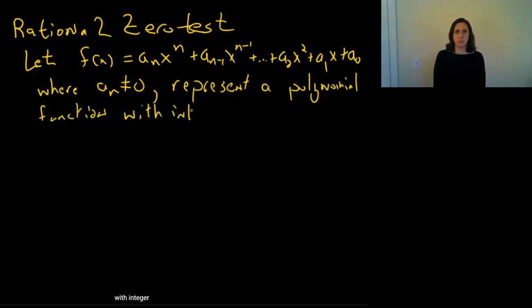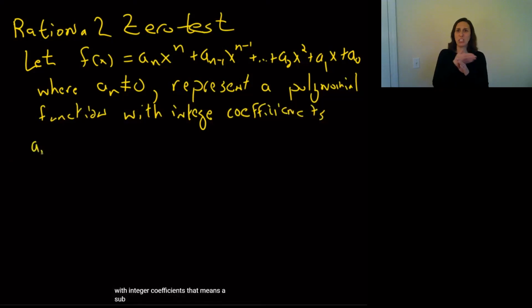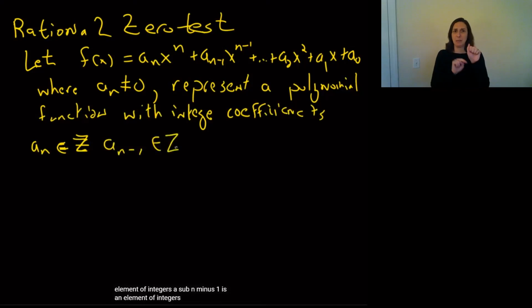With integer coefficients. So that means a sub n is an element of integers. A sub n minus 1 is an element of integers. And that means it's -1, 0, 1, ... to infinity.